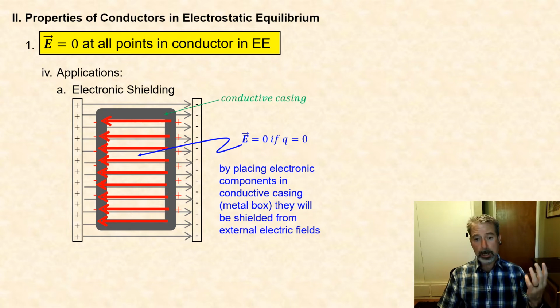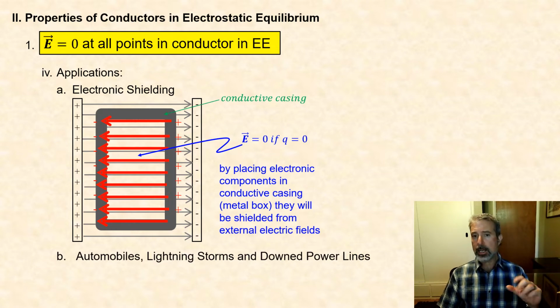So we're saying here that by placing electronic components in a conductive casing, they will be shielded from external electric fields. So why is it that a car is a pretty safe place to be during a lightning storm?